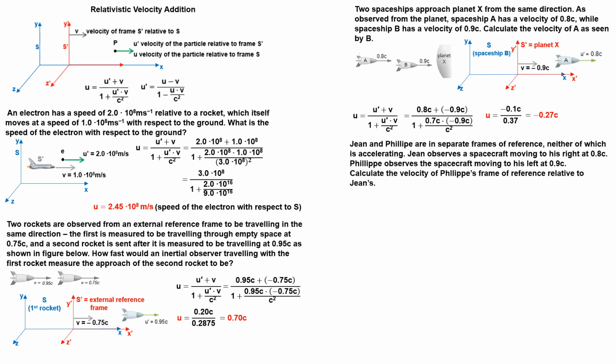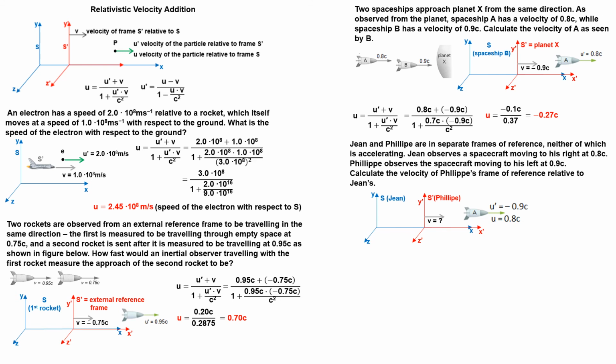Select the frames and velocities. Suppose Jean is the observer at rest, so Jean is frame S, since the problem requires the velocity of Philip with respect to Jean. The frame S' is the frame of Philip. The spacecraft moves to the left with respect to Philip and moves to the right with respect to Jean.